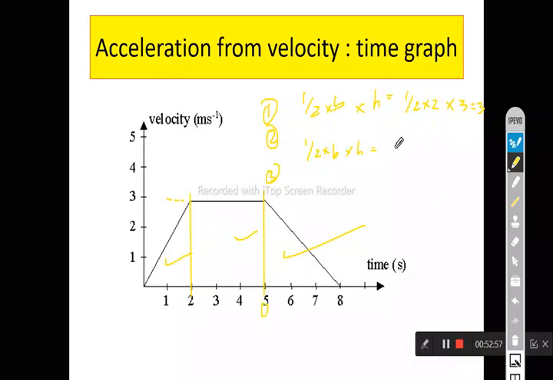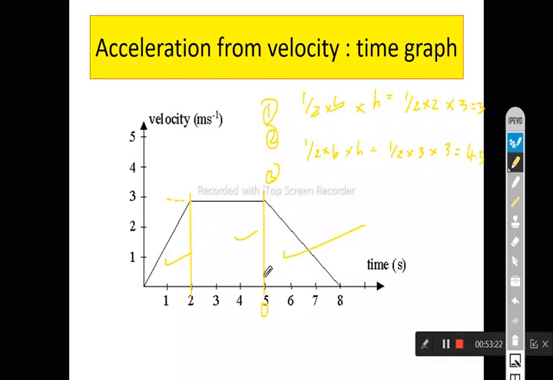So 3 units. So that is half times 3 times the height. What is the height? 3 again. So 3 times 3 is 9, half of 9 is 4.5.